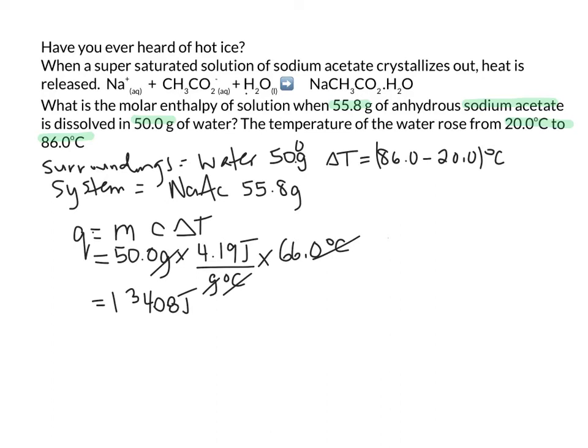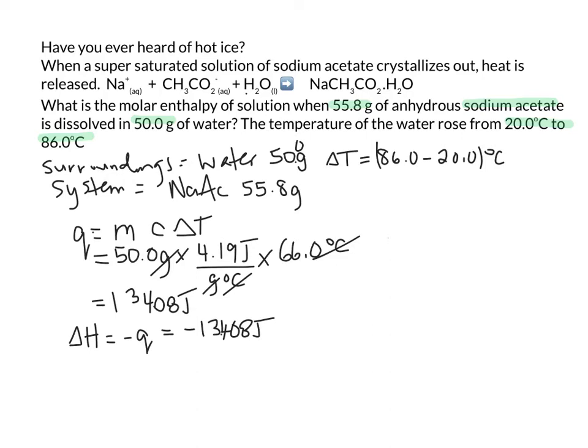Now, because the change in energy of the universe is 0, we know that delta H is equal to negative Q. Now, the temperature of the surroundings increased. The temperature went up, which must mean that the system released energy. So we can see that because we would have 13,408 joules released.